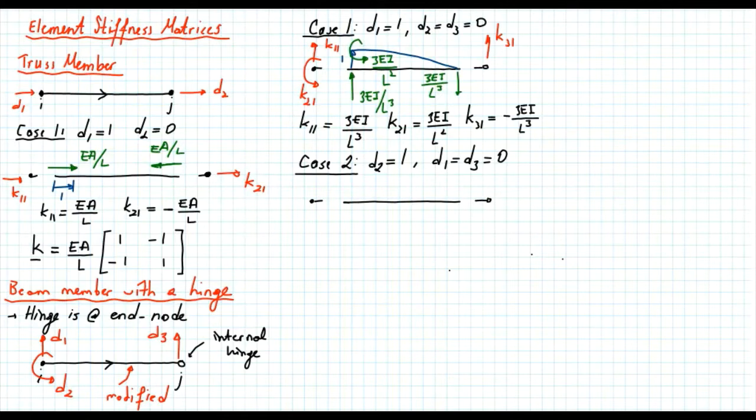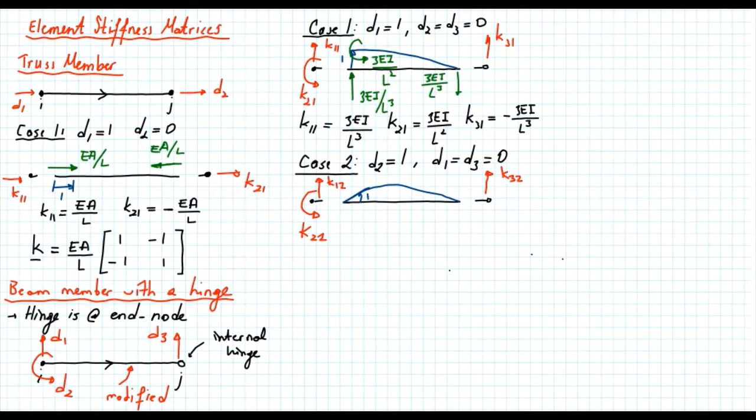This time I apply K22 to create a unit rotation, K12 to keep the translation equal to 0, K32 to keep the translation equal to 0 at the end node. And let's draw the deformed shape. This rotation is equal to 1. The deformed shape will look like that.